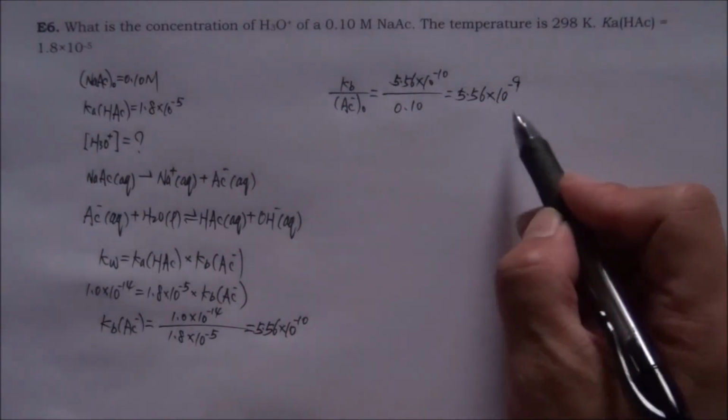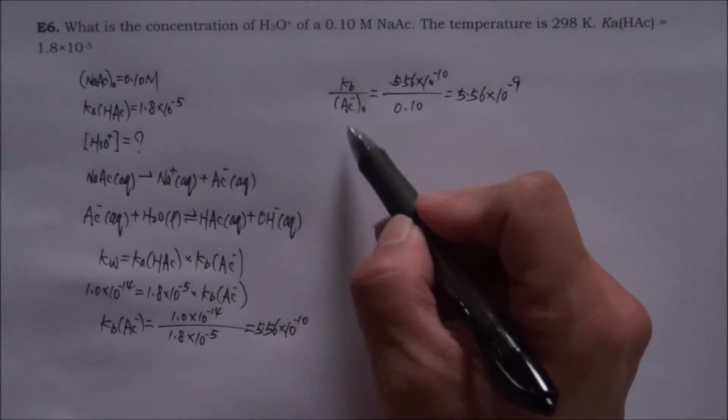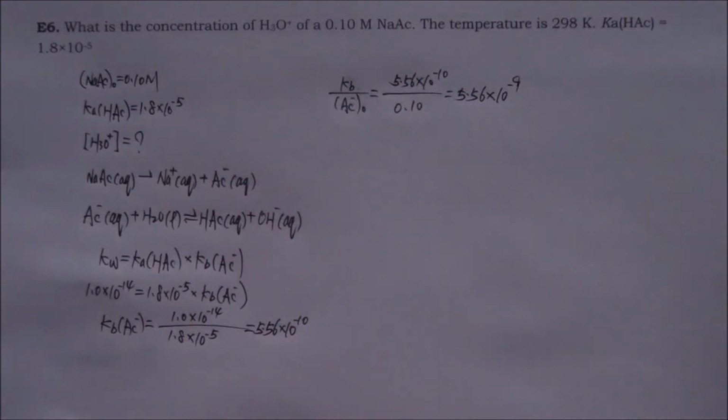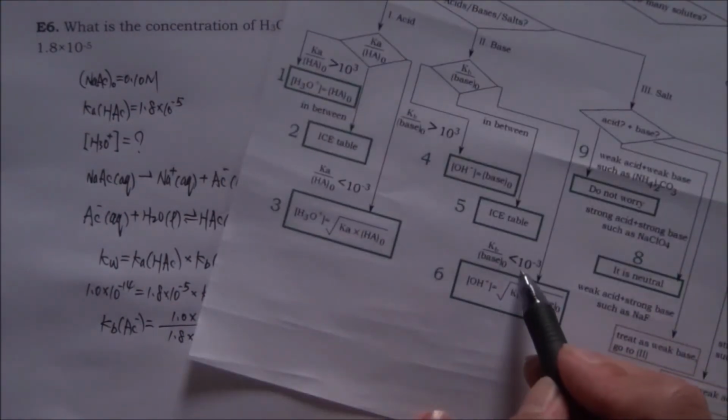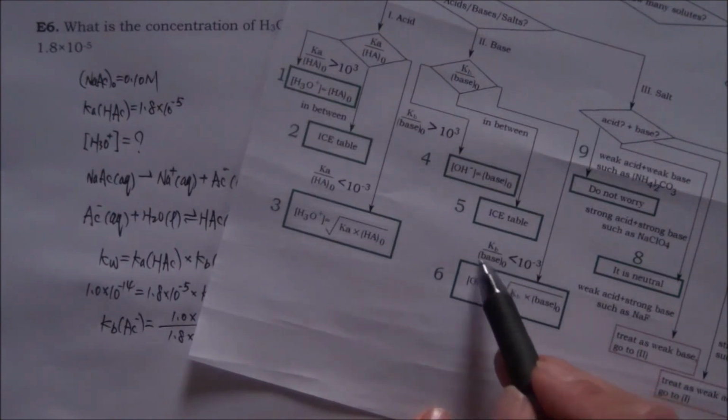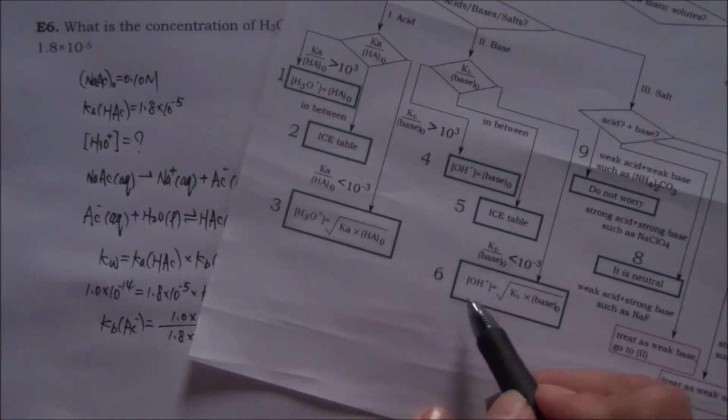From our calculation, the ratio between Kb and the initial concentration of the base is smaller than 10 to the negative 3. So we can use this equation to calculate the equilibrium concentration of the hydroxide.